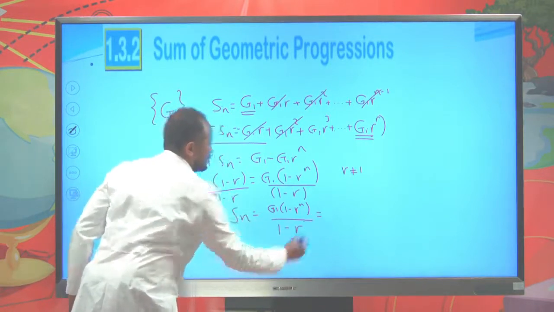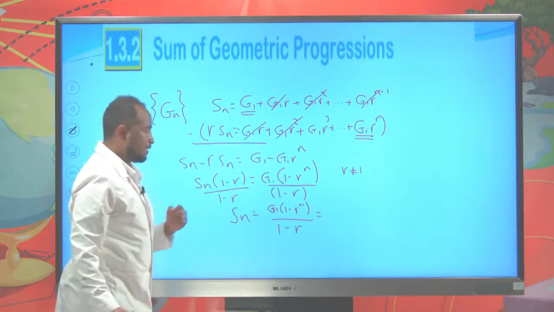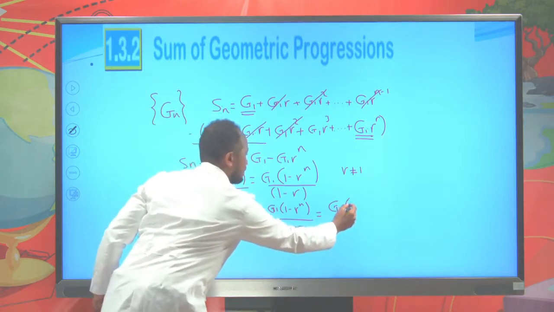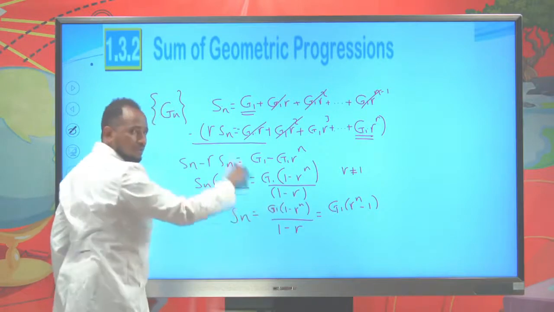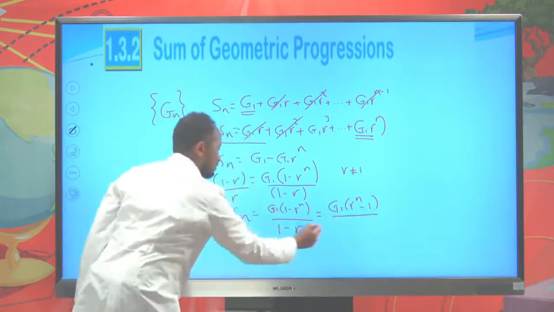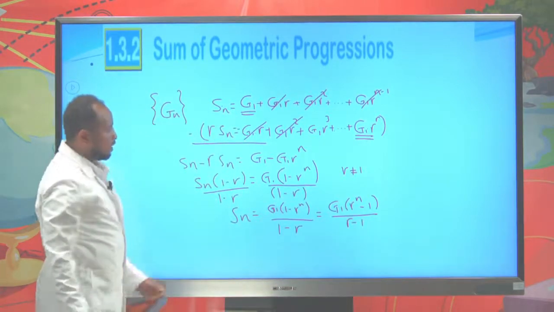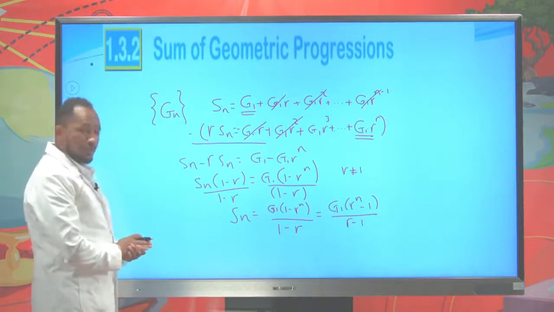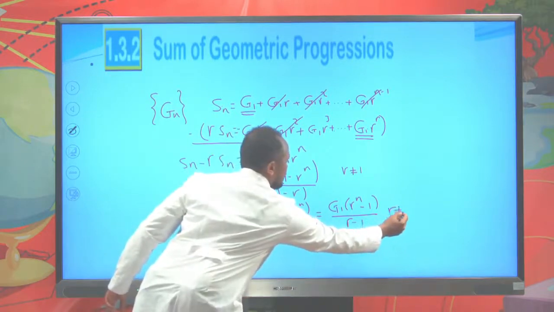This is the same as taking the negative outside and multiplying the numerator, so you get g1 times (r raised to n minus 1) over r minus 1. This is the formula to calculate the sum of n terms of a geometric progression, where r is different from 1.